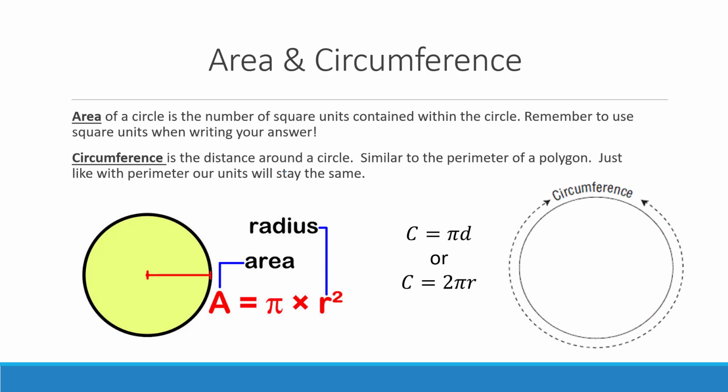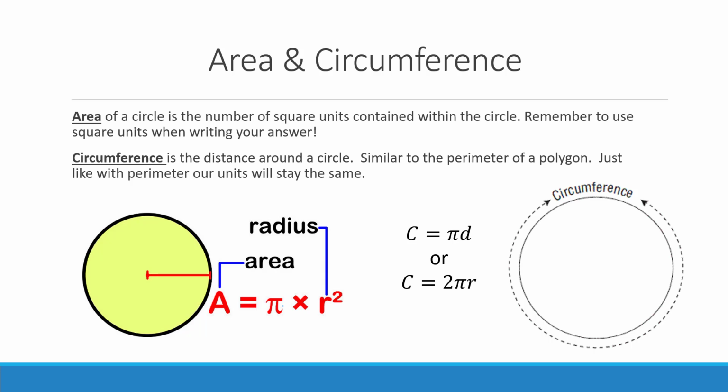To find the area of a circle, you have to be dealing with the radius. So that's probably the most important thing to remember about the formula. So the area of a circle is pi times your radius squared. Now in some questions it will say leave your answer in terms of pi. That means you write the symbol and then you just take your radius and raise it to the second power or multiply it by itself.